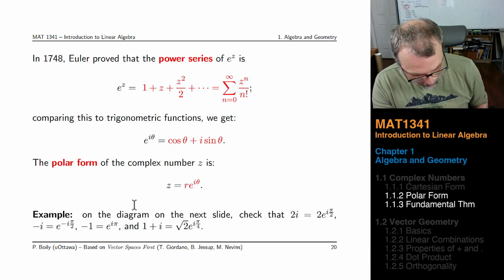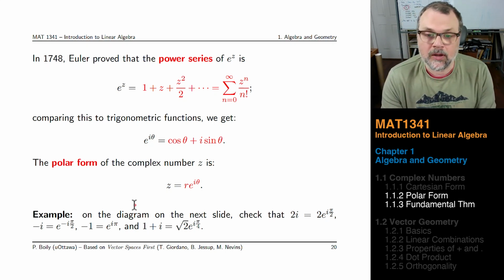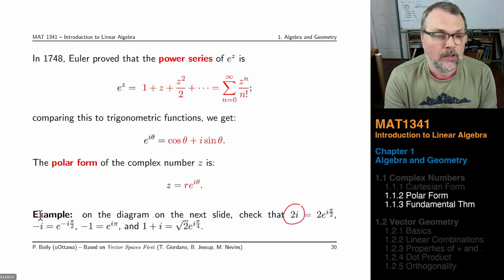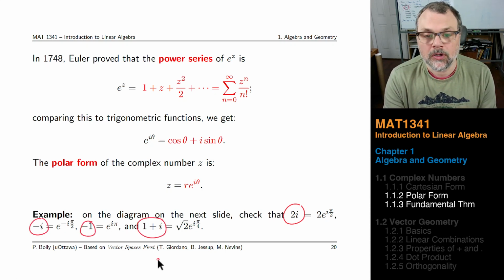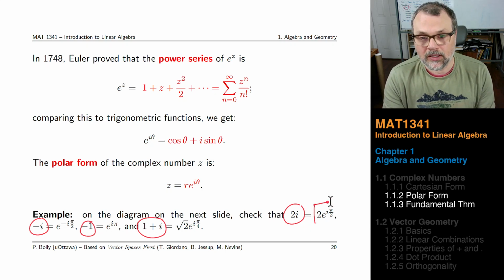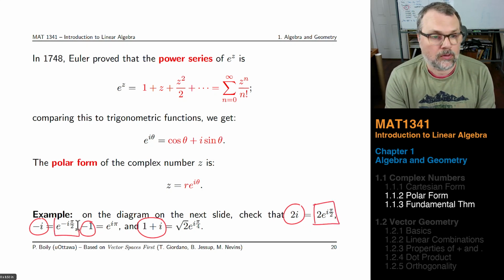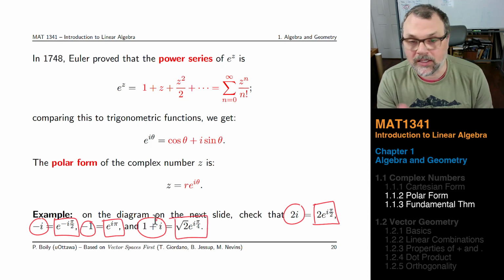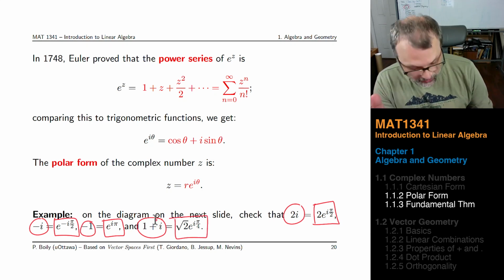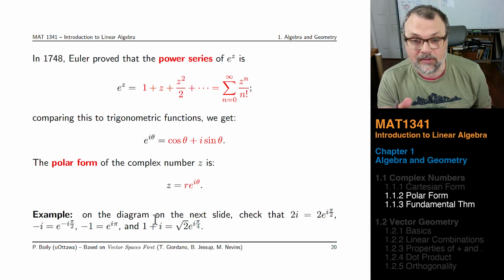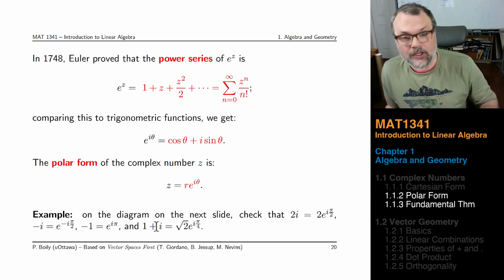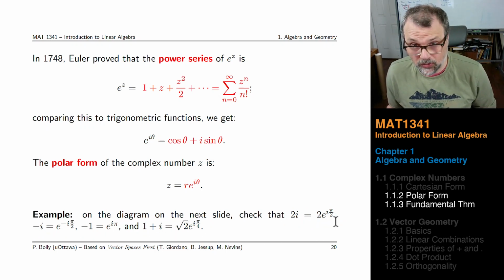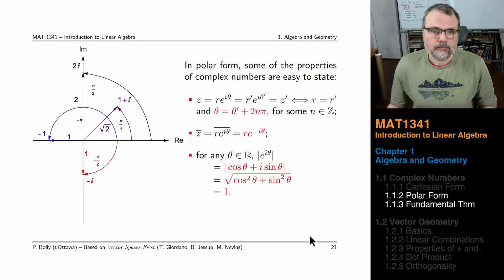In these four numbers, the term on the left is a Cartesian form of a complex number, and the term on the right is the polar form. At first glance, these numbers look completely different, but they're not. They're actually representing the same numbers. That's four different complex numbers here, but both the left-hand side and the right-hand side represent the same number.